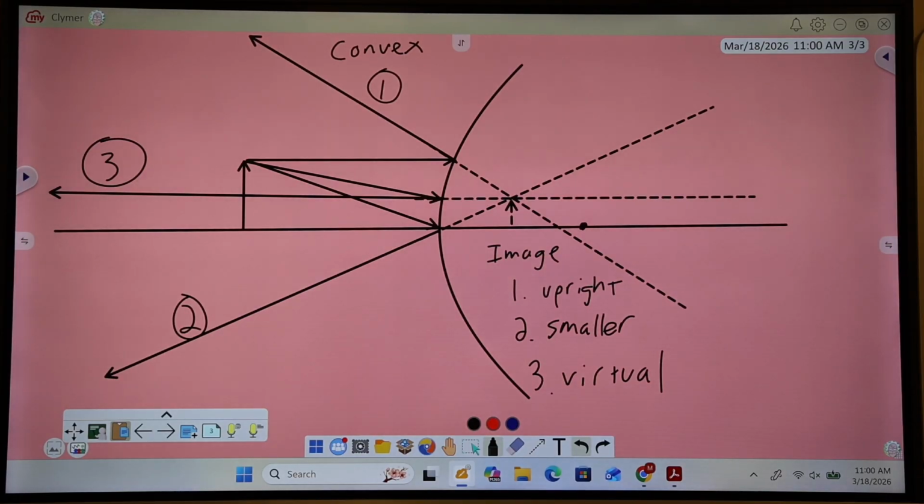Next week, we will add in the math under the hood of all this, where you can say, okay, I have an object, it's 8 centimeters high, it's located this far away from the mirror, the focal point is this, where will the image be? And again, you'll have to describe the properties of the image and say, oh, it's inverted, it's 4 centimeters tall, and so on.